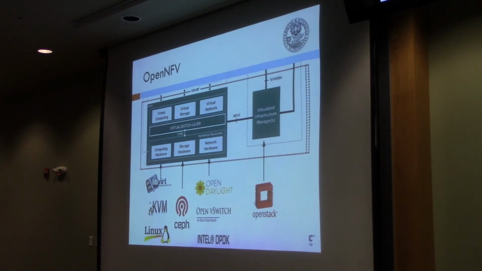This is one example. Of course, the Open Network Function Virtualization Consortium focuses on open technologies, so those are the ones mentioned here, but you can have different ways to do it.